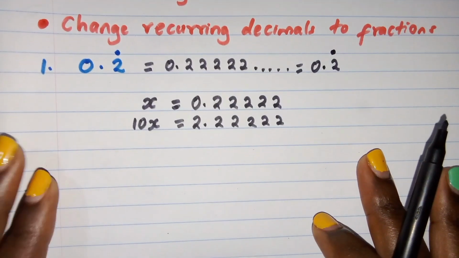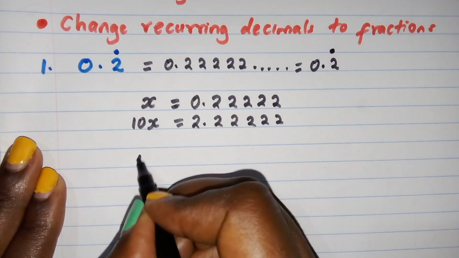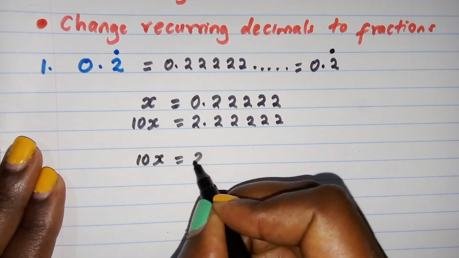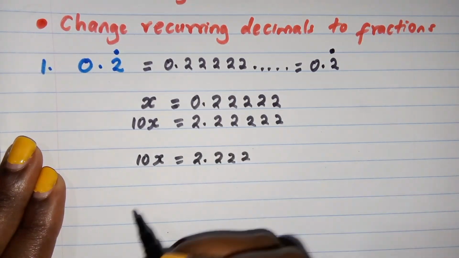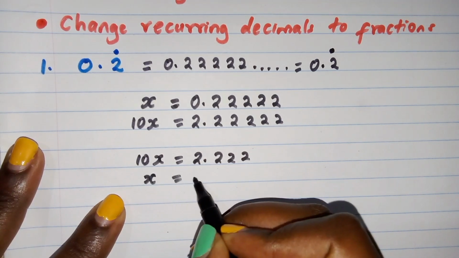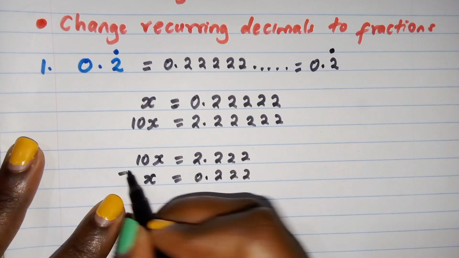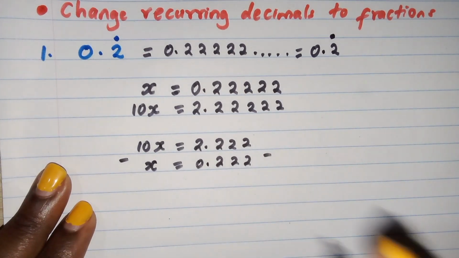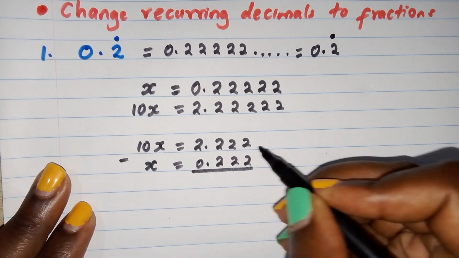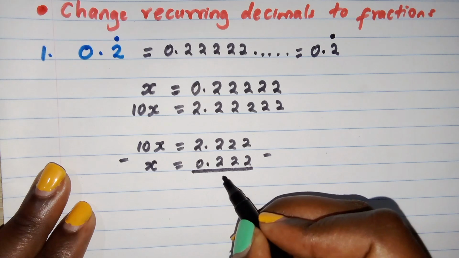So we go ahead and swap them. We start with 10x equals 2.222 and x equals 0.222. Go ahead and subtract on both sides. When you subtract everything, you get a 0.